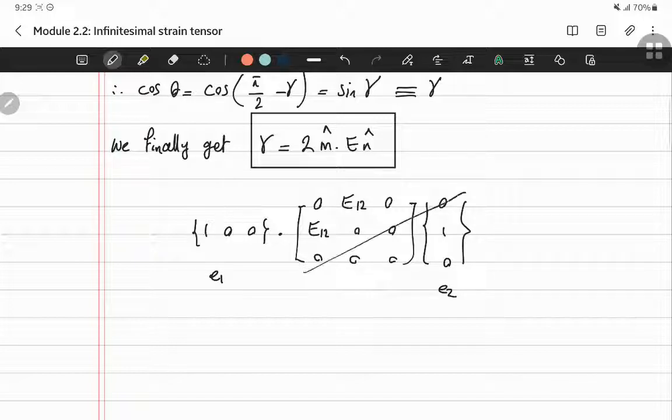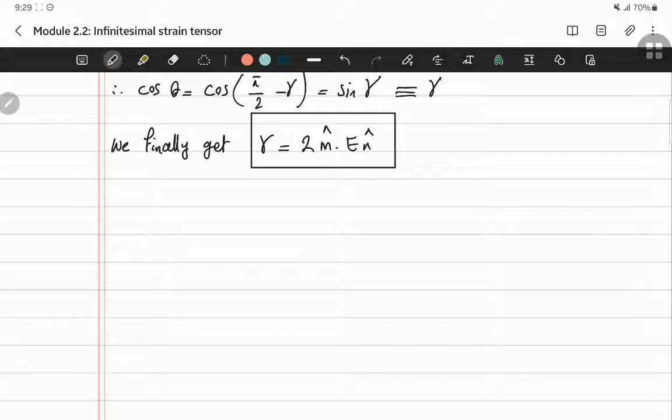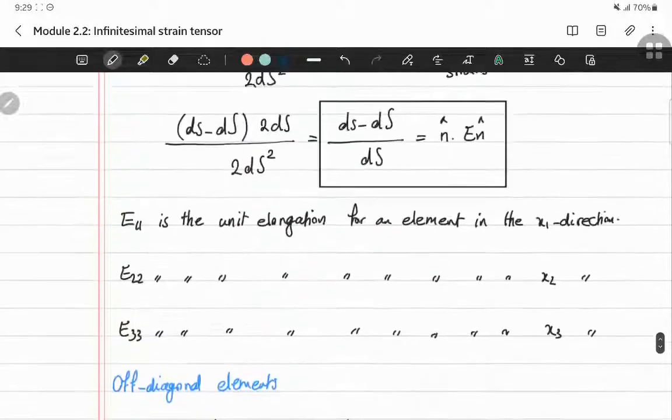So it will give me E12, right? And I have a 2 in here, so 2 goes here.